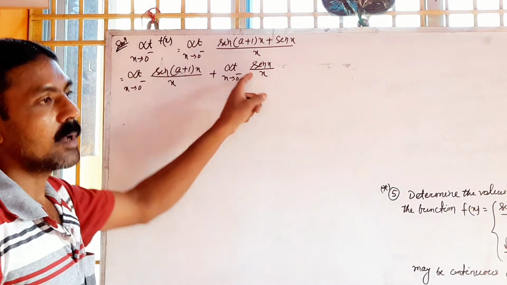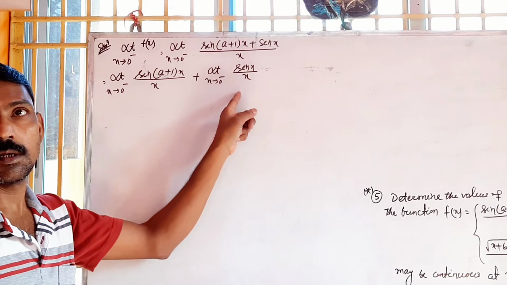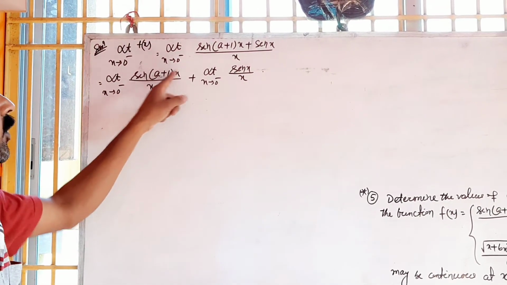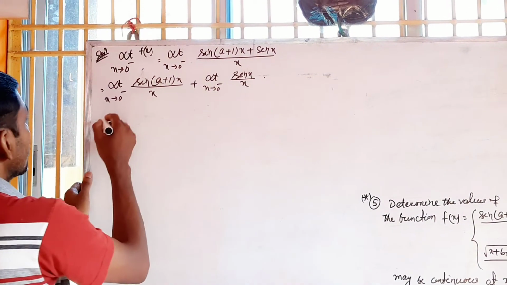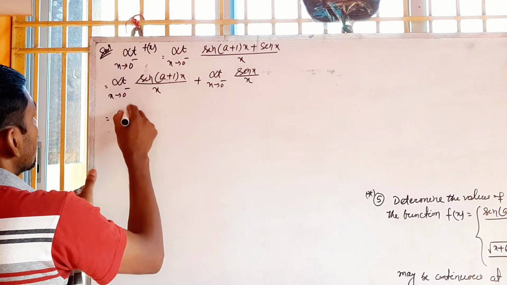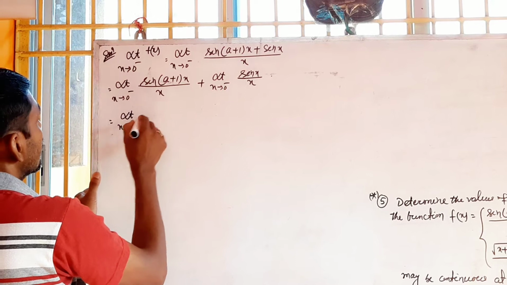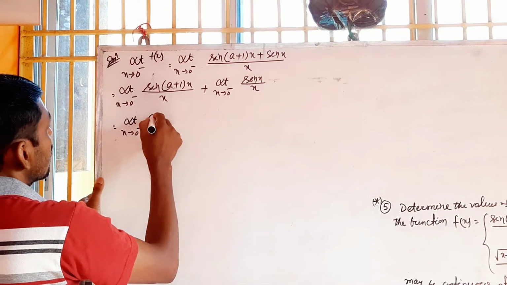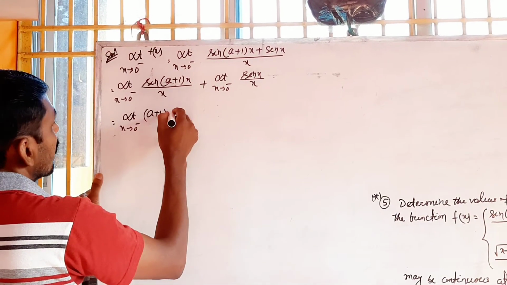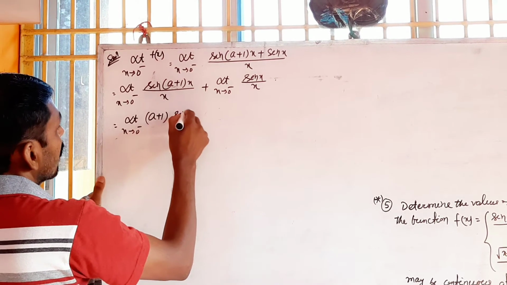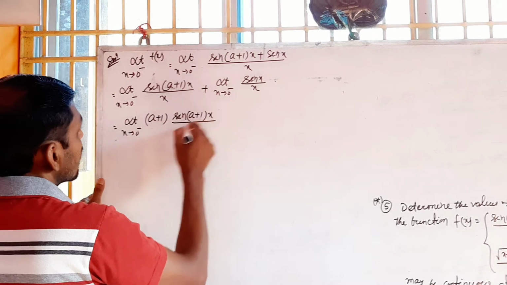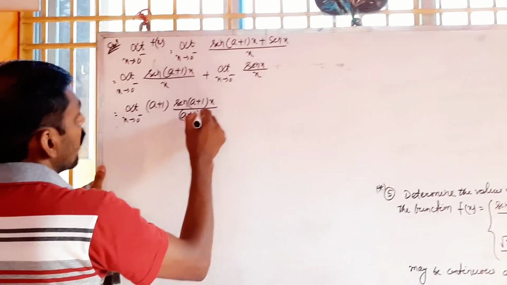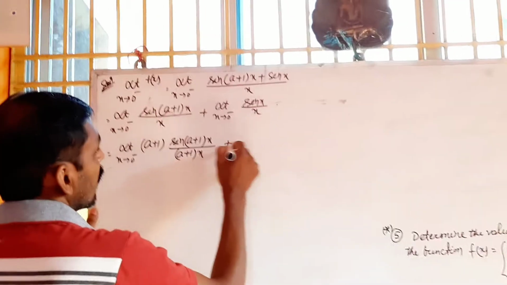Now for the second one there is no problem because it is already in the form, but here sin (a plus 1) x, here x, so here we have to multiply and divide by a plus 1. So it is limit x tends to 0 minus of a plus 1 into sin (a plus 1) into x by (a plus 1) into x, plus this is 1.